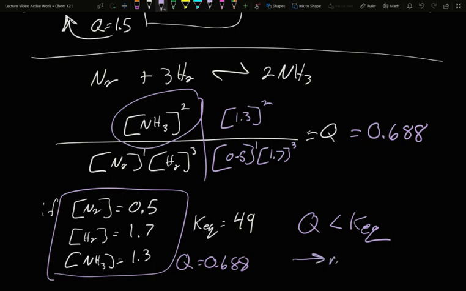It'll go to the right. We have not yet reached equilibrium, and we will end up with more ammonia when we finally reach equilibrium than we have at this time. We will have less dinitrogen and less dihydrogen than we have at this time. This is what the mass action expression can let us check. And this is how we can find it for every reaction based on the balanced reaction.